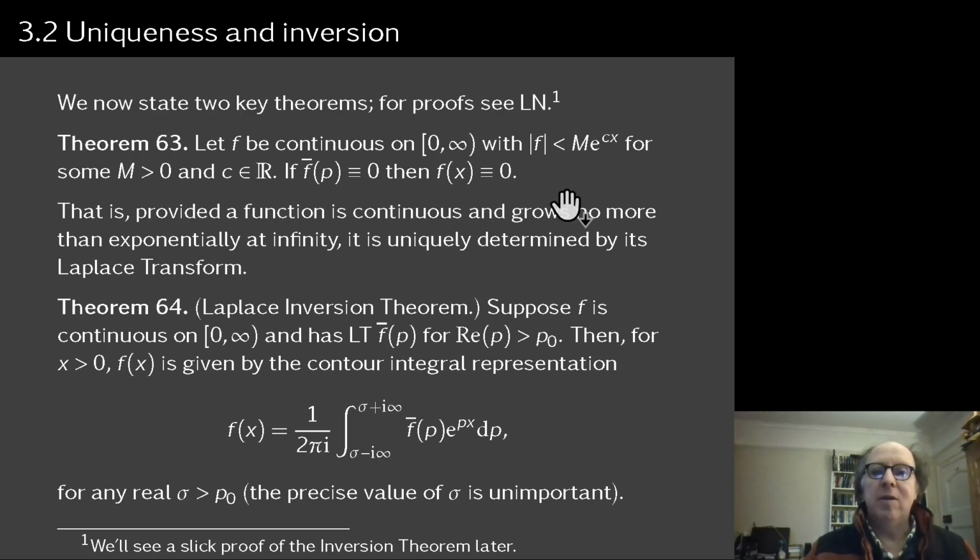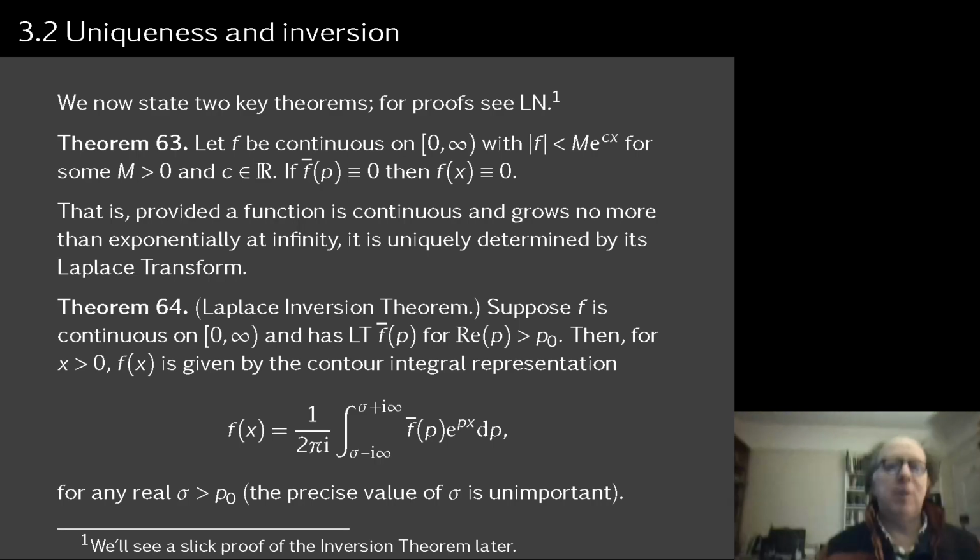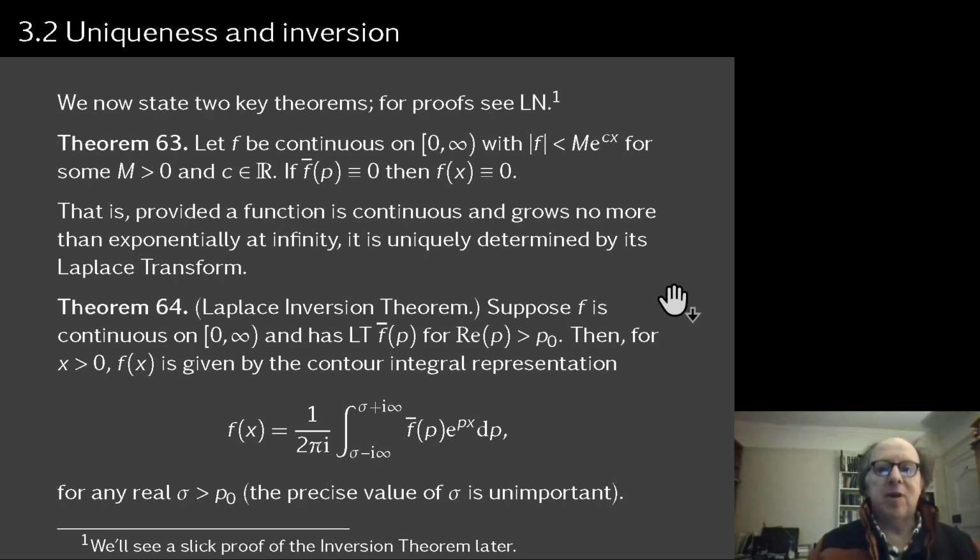And by extension, if you have two functions with the same transform, then subtracting them, their difference is 0. And what that tells you is that the Laplace transform determines the function uniquely. So that's the theorem that we've implicitly been relying on all along when we've been saying this is the transform, therefore that is the function. We've been assuming that this kind of uniqueness result applies.